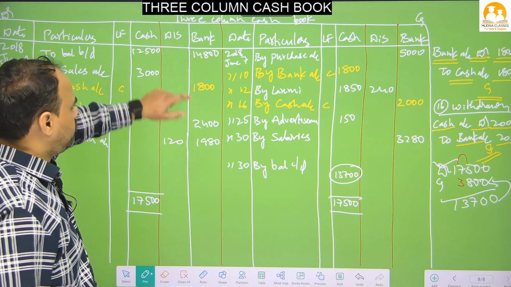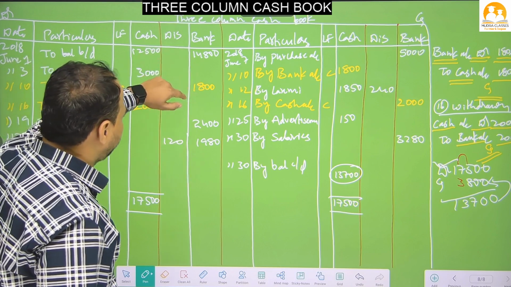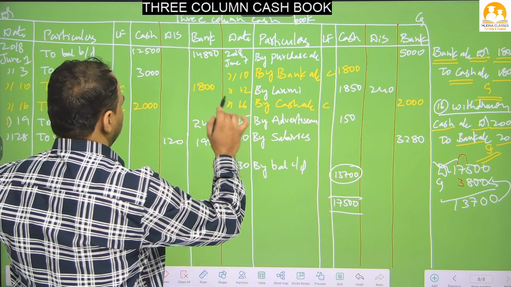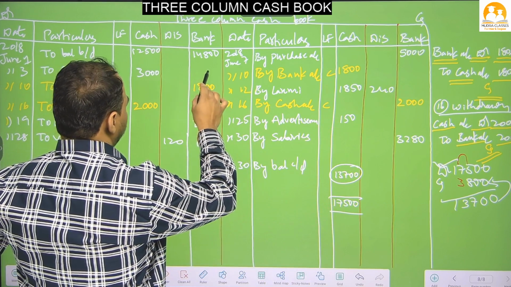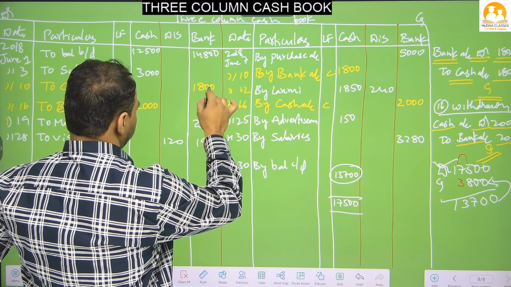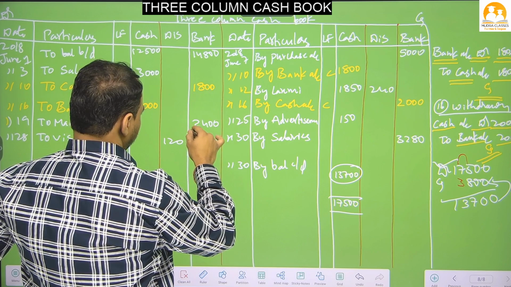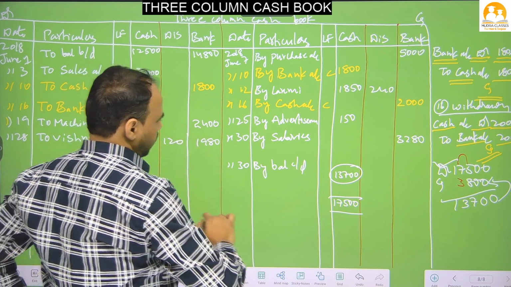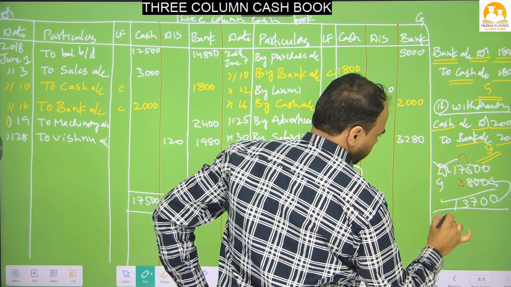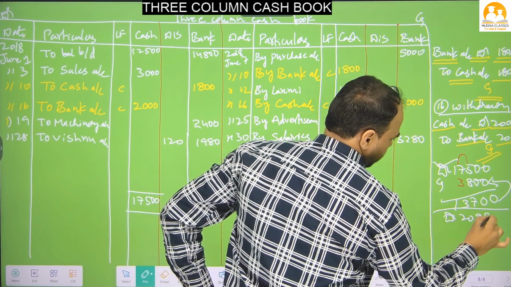Debit side bank column do total: 14,800 plus 800, 15,600, 16,600, 18,600, 19,000, 20,980. Debit side total 20,980.